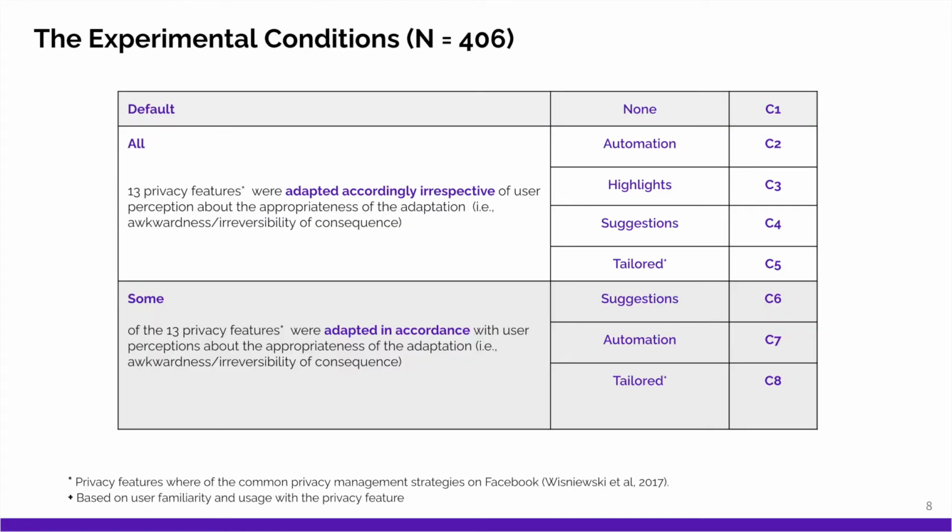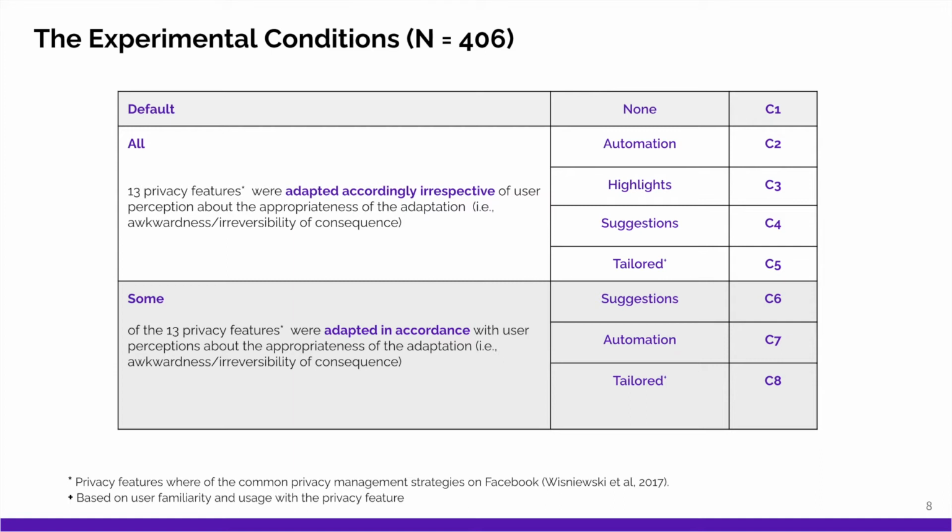We had over 406 participants partake in this experimental study, with 8 experimental conditions. The first experimental condition was a default condition which served as our baseline condition. In this particular condition, we did not have any adaptations applied at all.